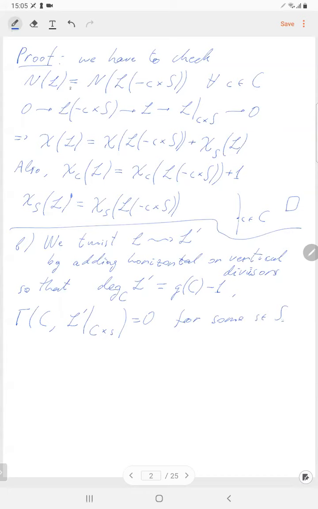Okay, so how are we going to obtain this? Well, the first condition is easy. Just twist by a divisor of required degree.